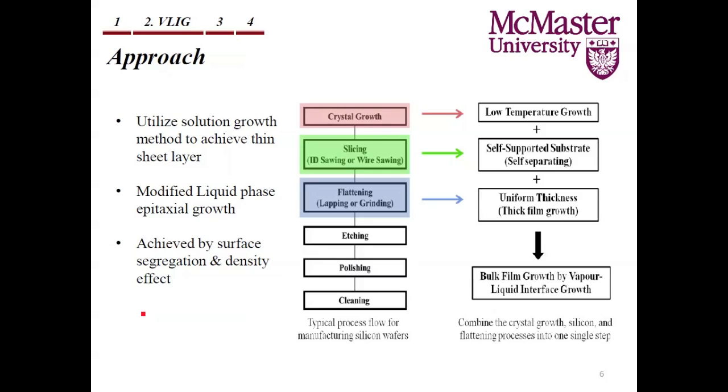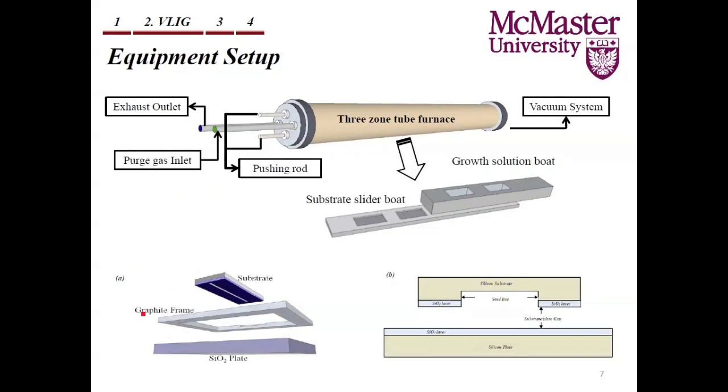The solution really comes to us as bulk film growth using Vapour-Liquid phase interface growth. Just a brief description of our equipment setup. We have a 3-zone horizontal furnace tube with a purge gas inlet and outlet.